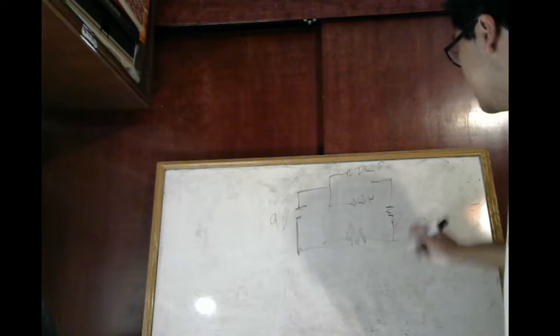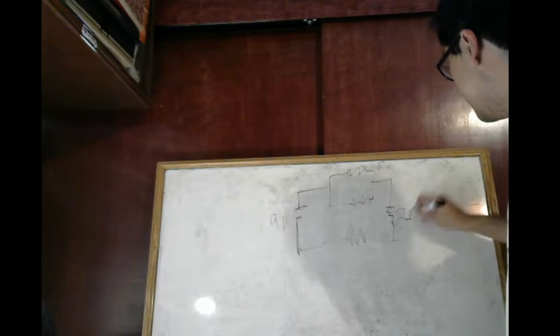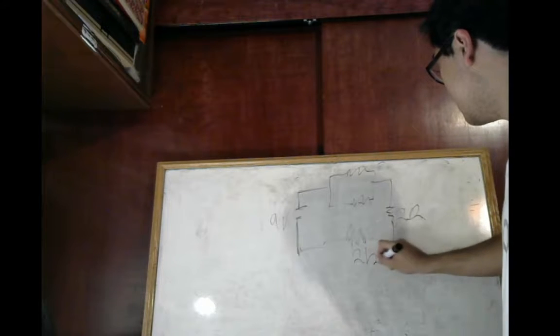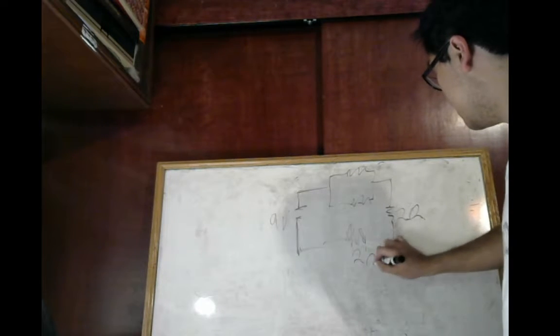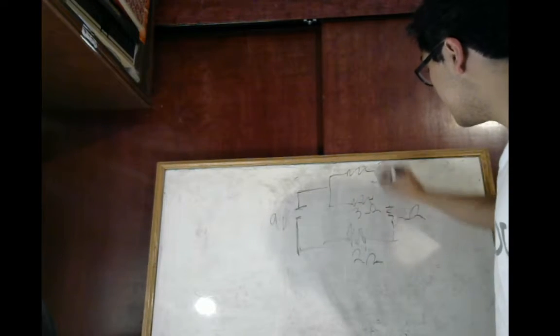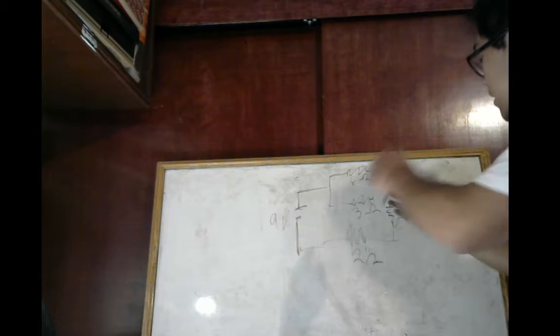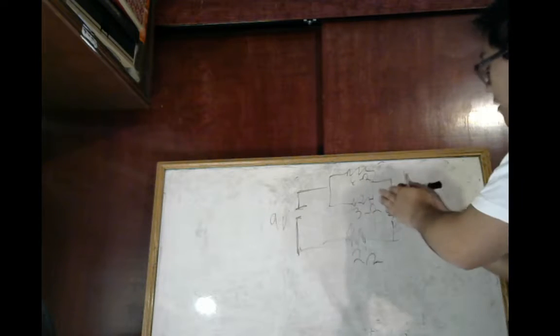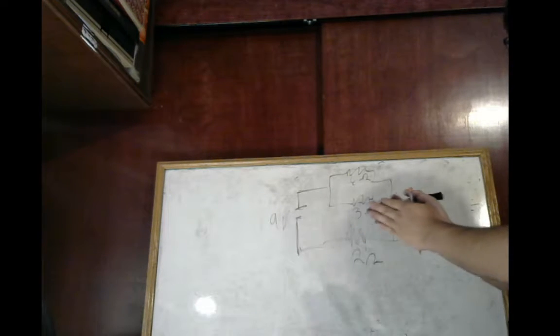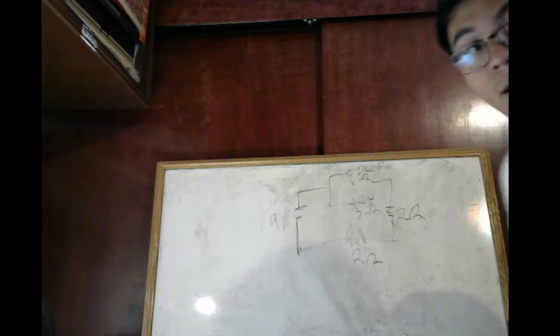Let's see, 2 ohms, 2 ohms, 3 ohms, and 6 ohms. Alright, perfectly. Now, what you do in these cases is slowly eliminate the resistances from the inner part to the outer part, right? Now, how do you do that?